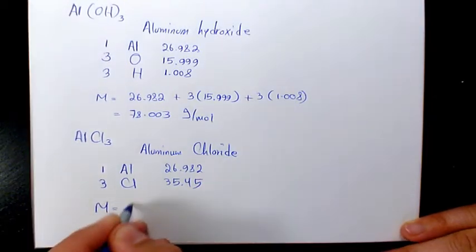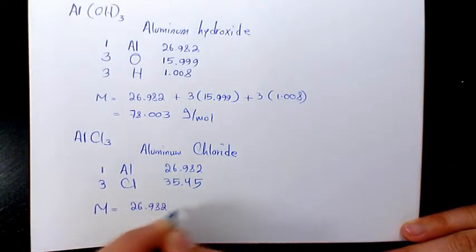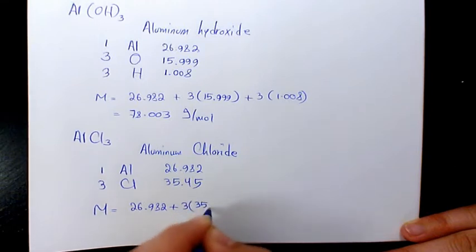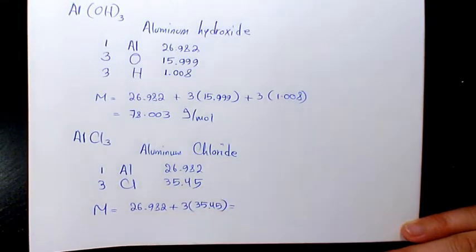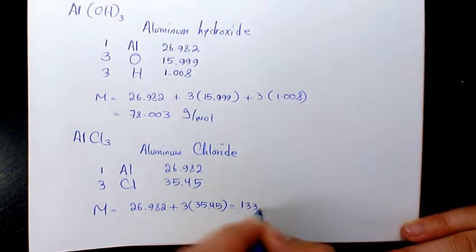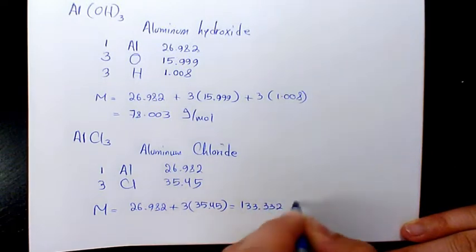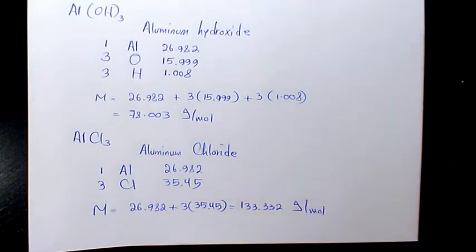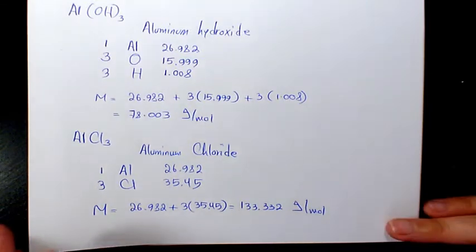So that's going to be 26.982 plus 3 times 35.45, which is 133.332 grams per mole. That's the molar mass of aluminum chloride.